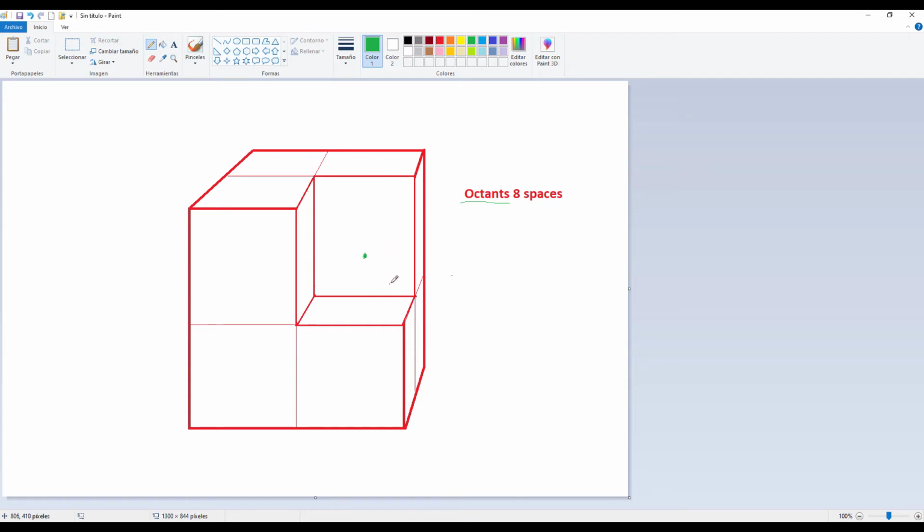Or if I put another point here, you can even think that point can be in that space.